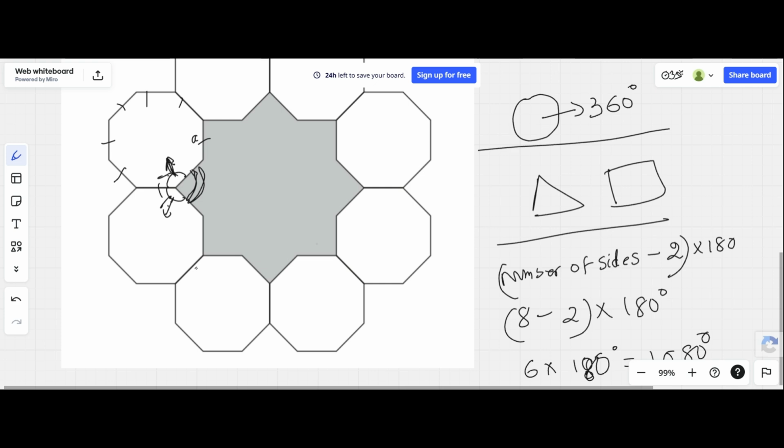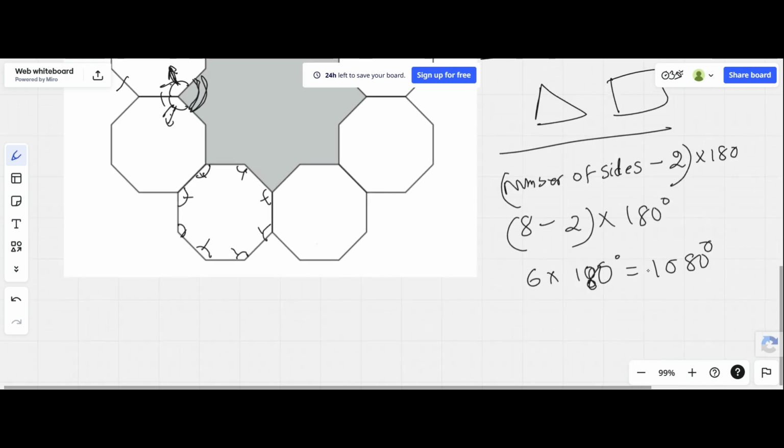Here there is an interior angle, here, here, here, so there are totally 8 angles. If you add all these 8 angles, you will get 1080. So 8 angles is equal to 1080.